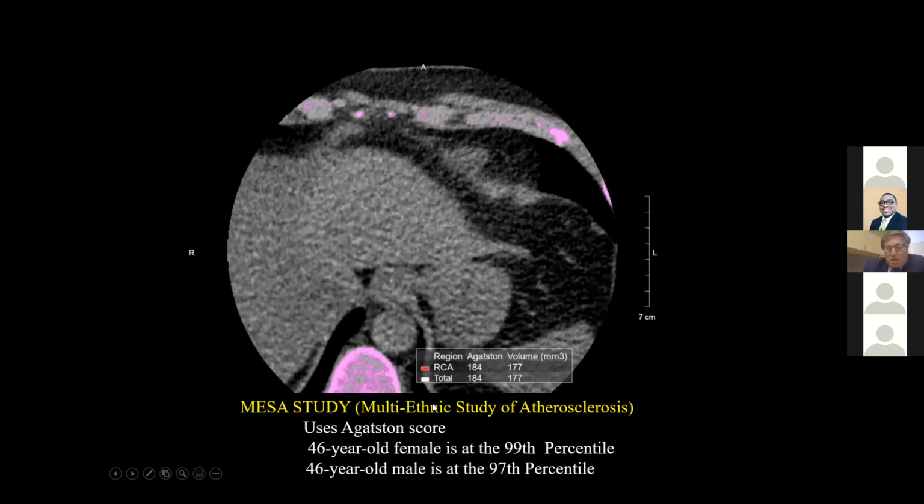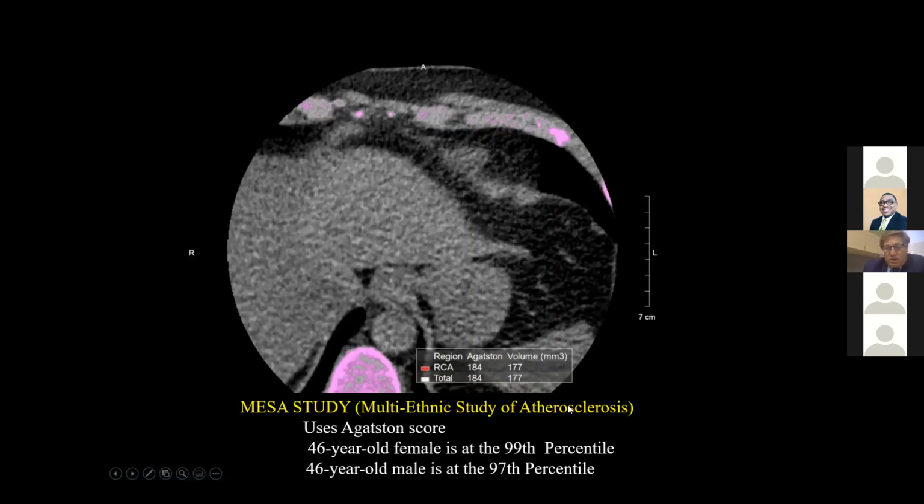Now, the MESA study also takes in an ethnic component to it, and for a small number of ethnicities, there are only 4 that it lists in the database, it will give us a more specific score. But for this calcium, for all of the ethnicities included, it changed the percentile by 1 point from 96 to basically 98. So nothing of great significance.